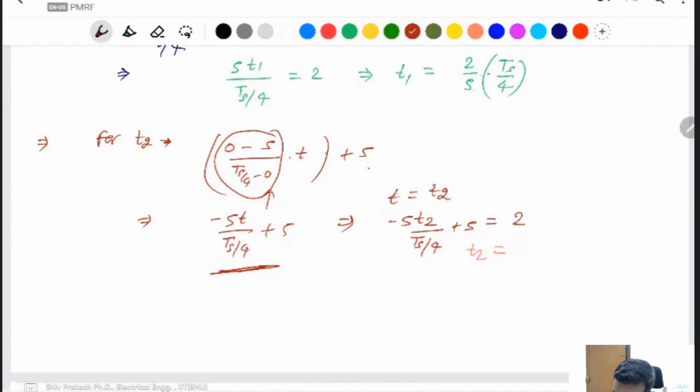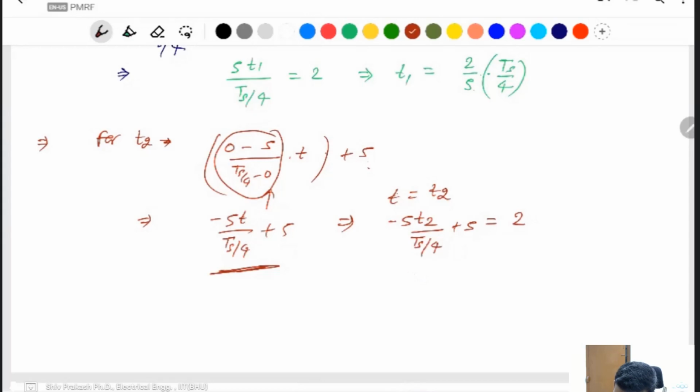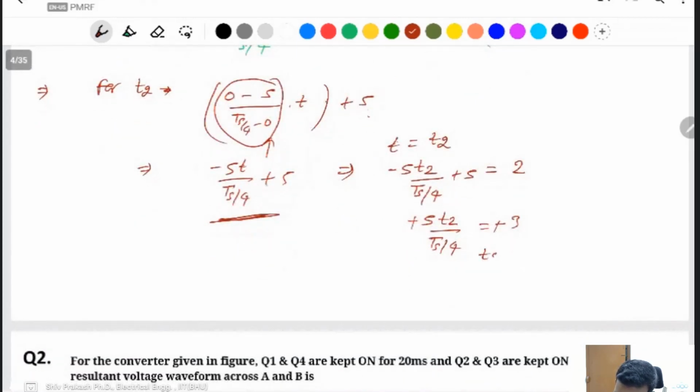This one goes minus 3, so the minus cancels out. Minus 5 t2 divided by Ts by 4 is equal to minus 3. Minus cancels out. Then t2 is equal to 3 by 5 into Ts by 4.